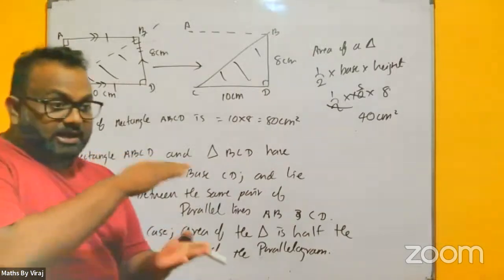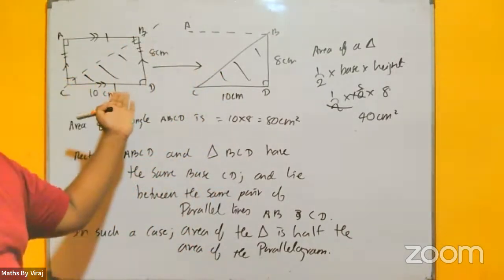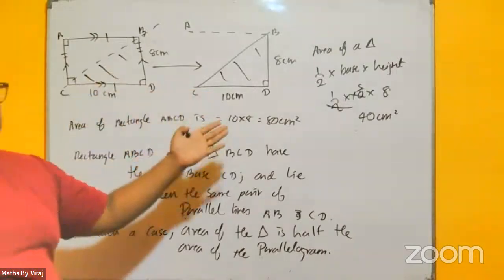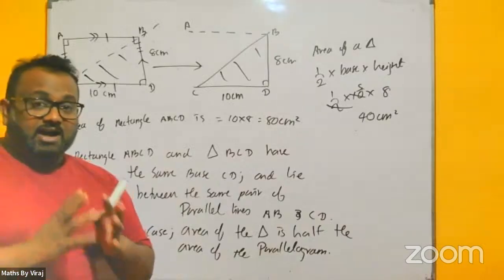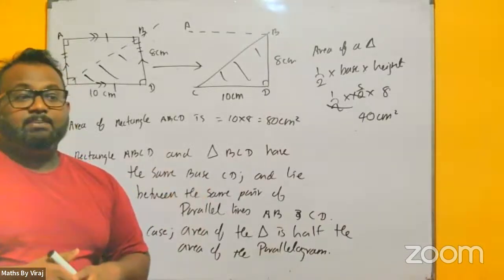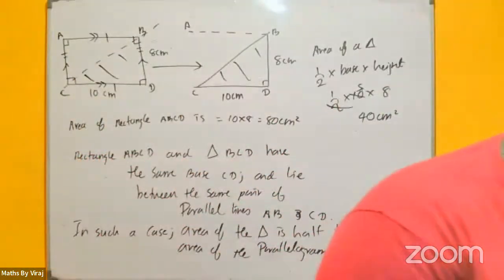So if you have two parallel lines and a triangle and a parallelogram with the same base, we can conclude that the area of the triangle is half the area of the parallelogram. Understood? Yes, sir. Right, good.